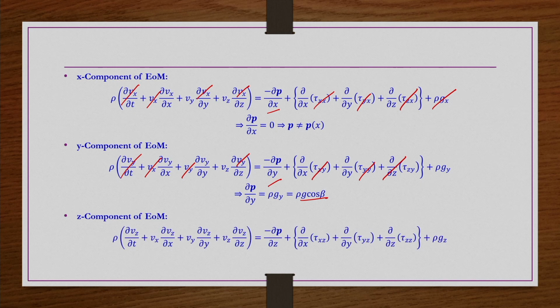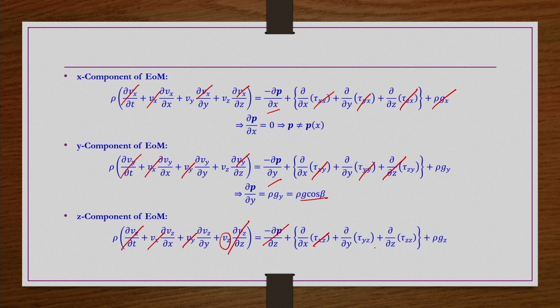Similarly, for the z component of the momentum equation, at steady state this is 0, Vx is 0, Vy is 0, Vz is not 0, but from the continuity equation we understand that ∂Vz/∂z is 0. So this is 0. Next, pressure: the flow is taking place only because of gravity, so whatever pressure distribution in the z direction is there, we can take that as 0.